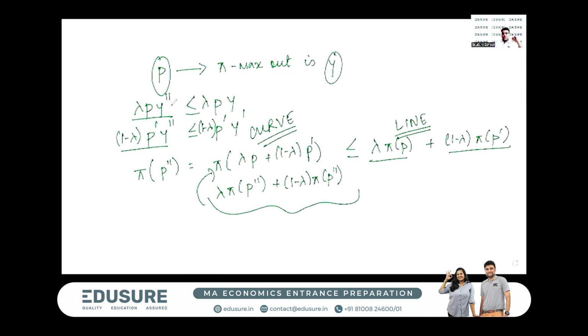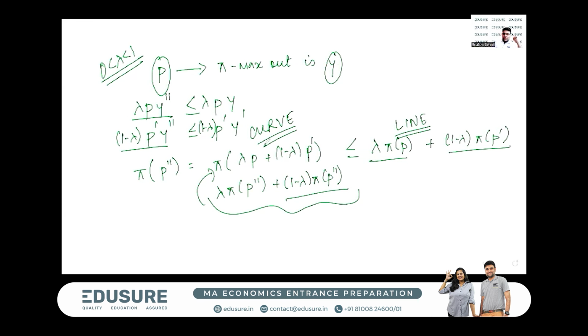P into Y double dash will give me a lower profit than P into Y multiplied by lambda. 1 minus lambda I multiplied on both the sides, with lambda being a fraction or a convex combination. Now this is nothing but the convex combination with P double dash, and this has to be less than or equal to, because this was less than this, and this part is less than this.